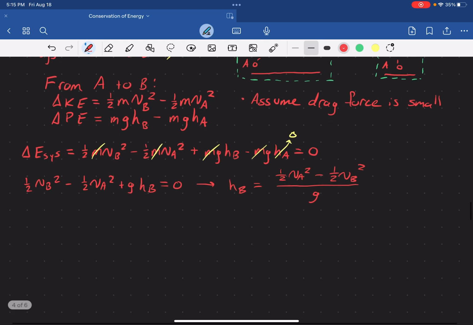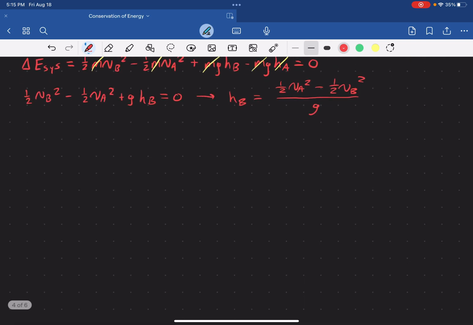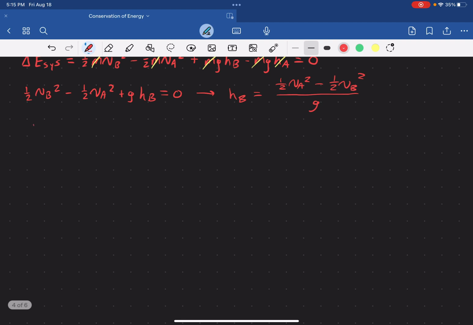So now that we have a general formula for our height, let's consider each case, because the velocities vary a bit from case to case, at point B at least. So for case 1, draw a little bit more detailed of a picture. So here's point A, and we have our velocity vector, 37 degrees from the horizontal.